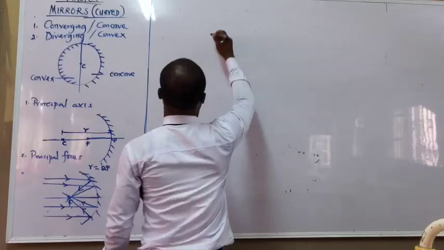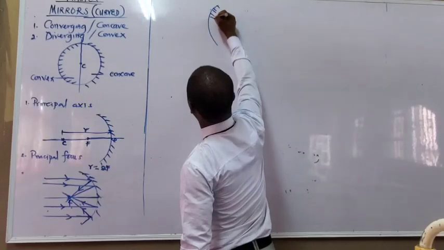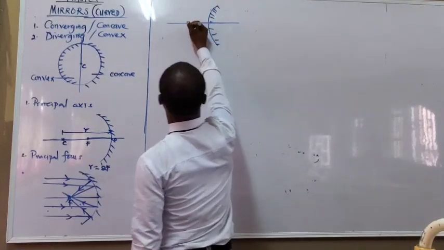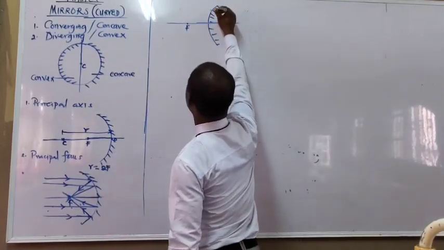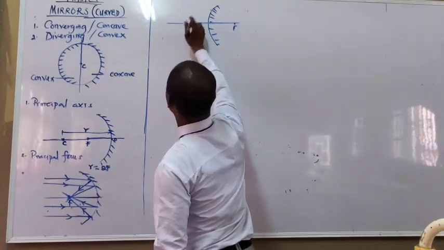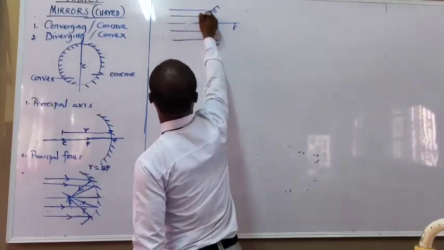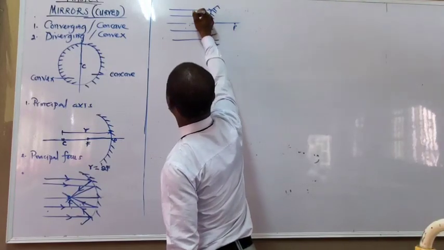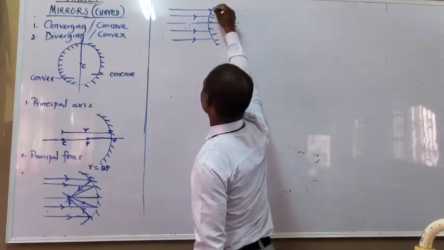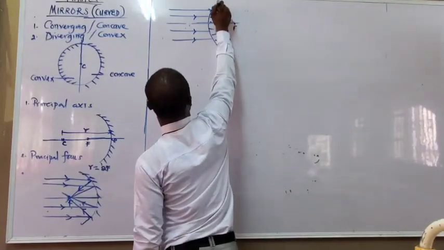But in the case of the convex mirror, all parallel rays drawn to a convex mirror after reflection will diverge. So you're going to draw this way.